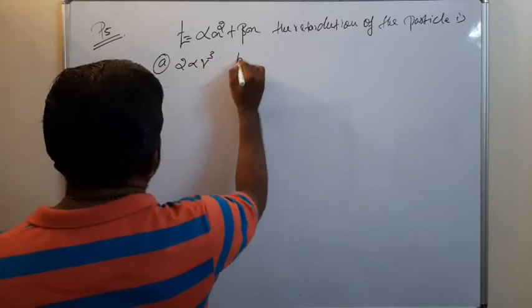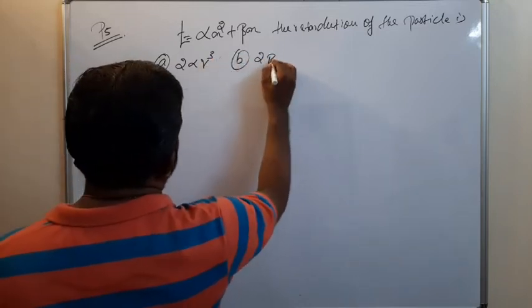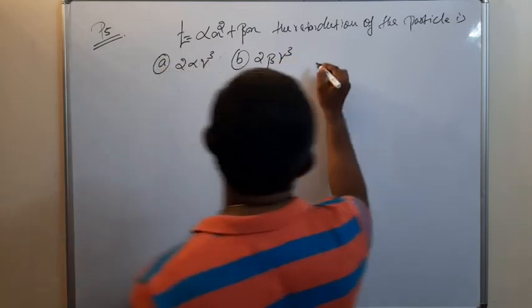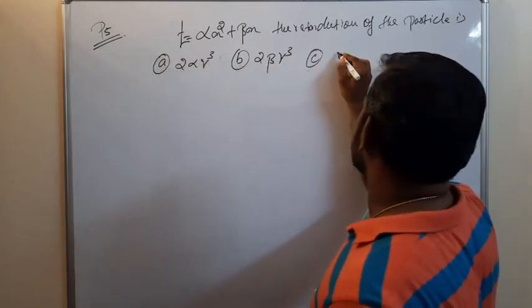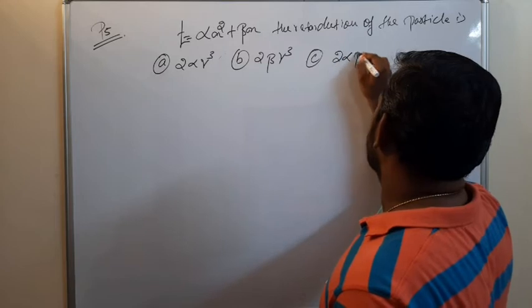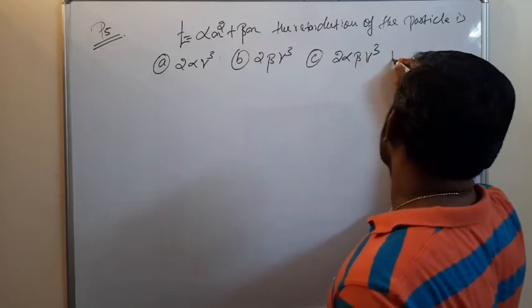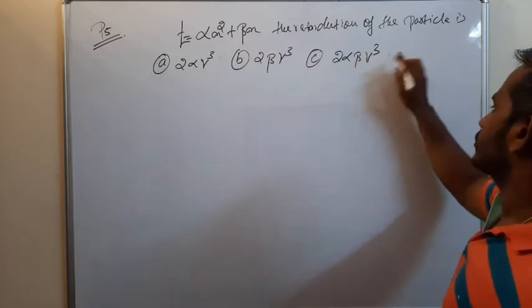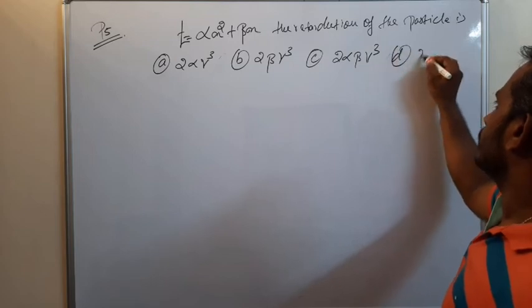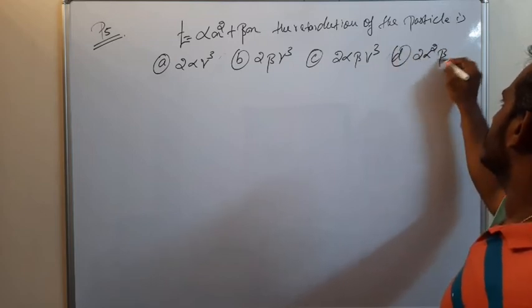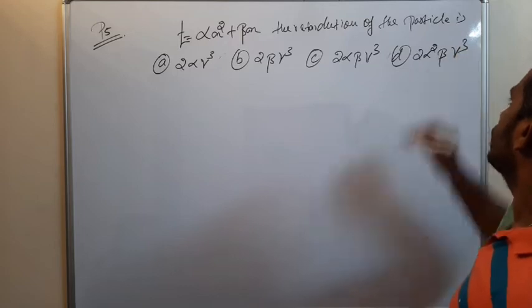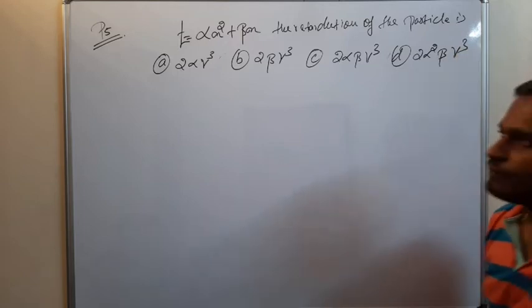Option B, 2 beta v cube. Option C, 2 alpha beta v cube. Option D, 2 alpha square beta v cube.